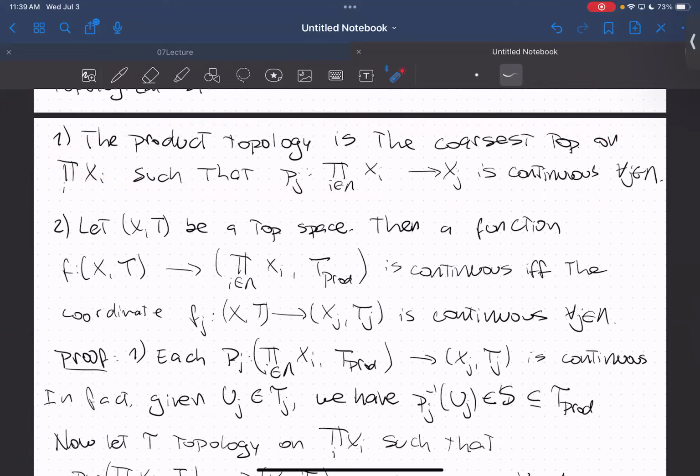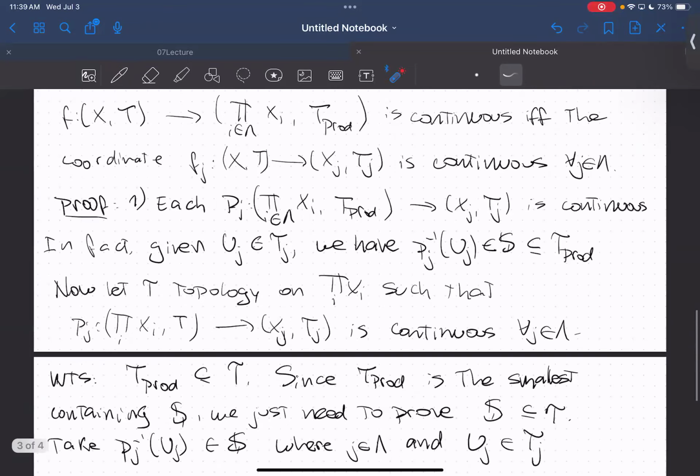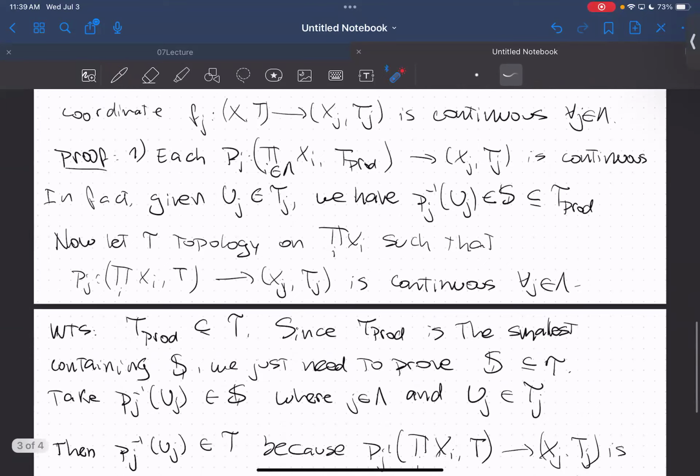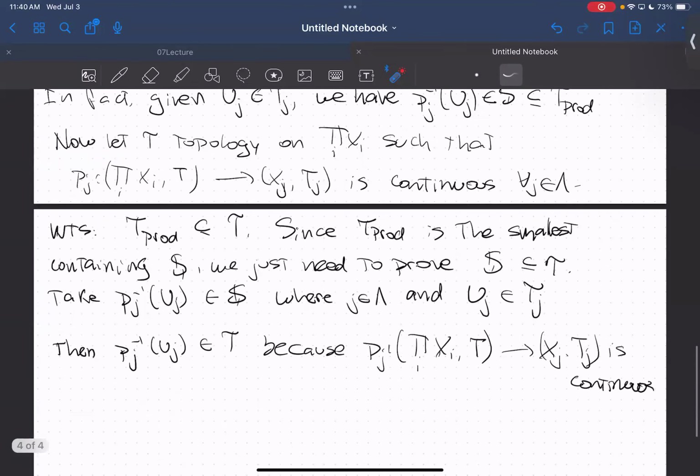No, I don't have to find a uj. What's the question about, the first part or the second one? Well, I think you kind of answered it, because we can't find a uj in the image, we have to look at the preimage. You don't need to find uj. You need to take an arbitrary open uj and then compute its preimage or show its preimage is open. And that's what we're doing, but you don't need to find uj.